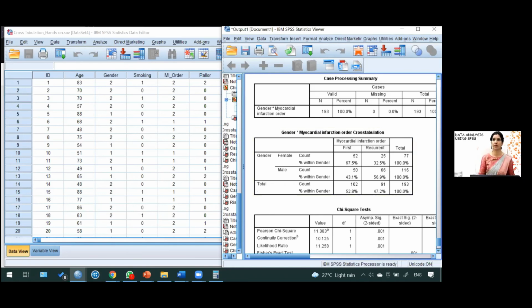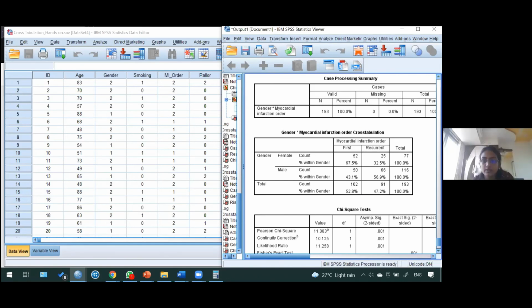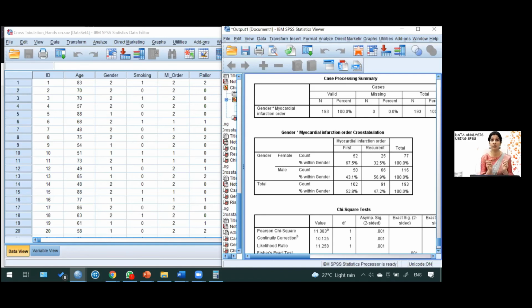Okay. Mayuri? Yes, ma'am. Actually, from this, can we say that males have a higher risk of...? No, we cannot say the risk. Don't use the term risk because risk is different.